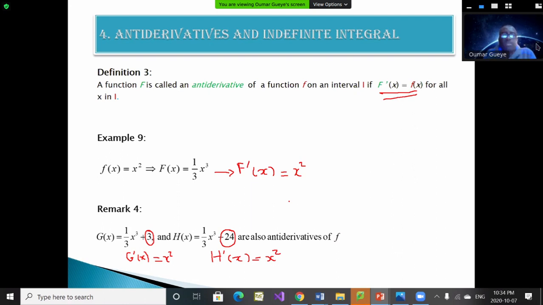Okay? And we would like to find now the general formula for all of them, because we realize we have many, or infinitely many, antiderivative functions.